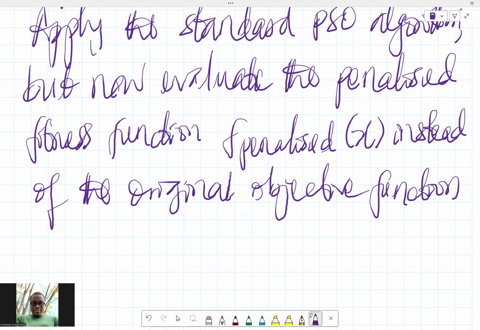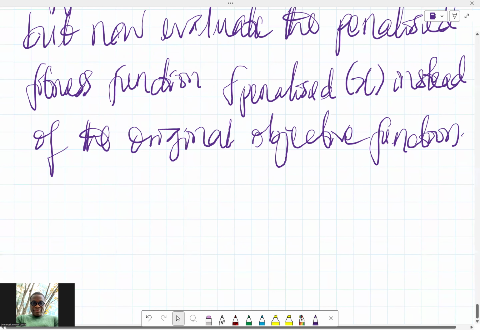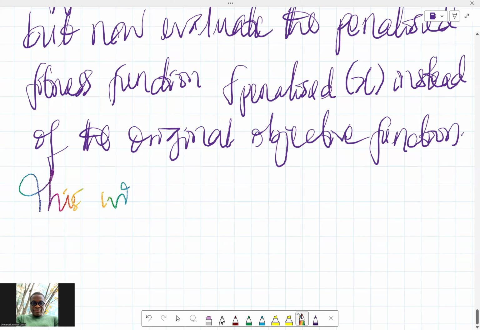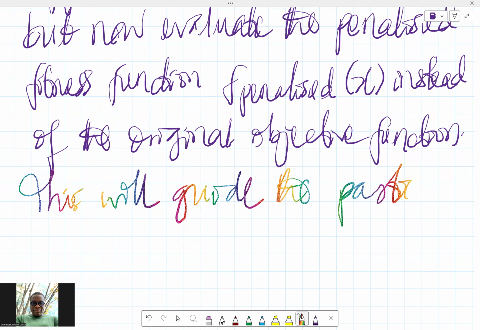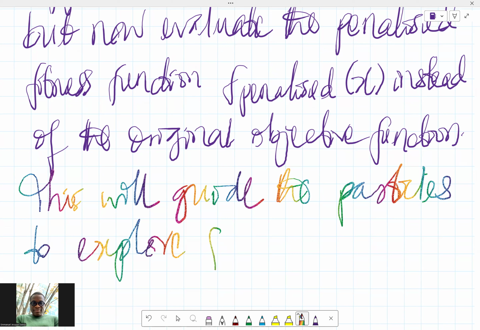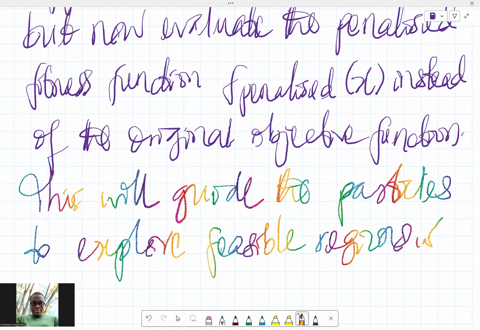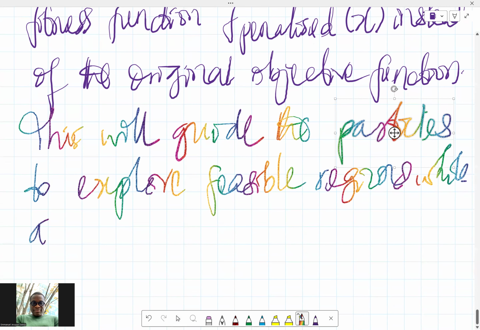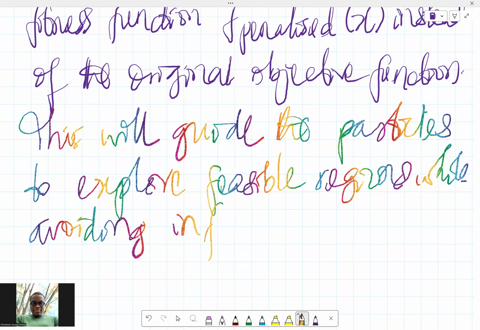Okay. So what this does is that it will guide the particles. The penalization is guiding the particles to explore feasible regions while avoiding infeasible regions.